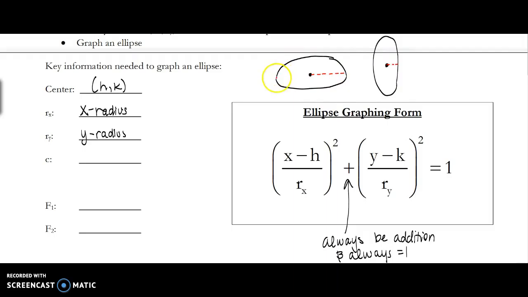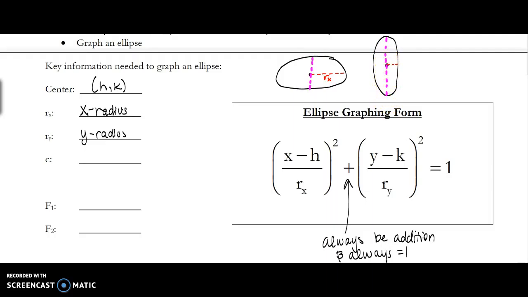So in the long horizontal ellipse, our rx is going to be longer than our ry, which is the up and down axis along the y-axis.